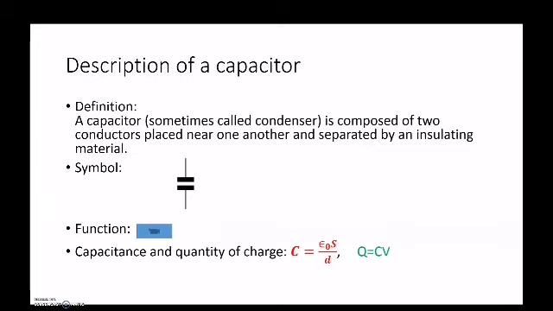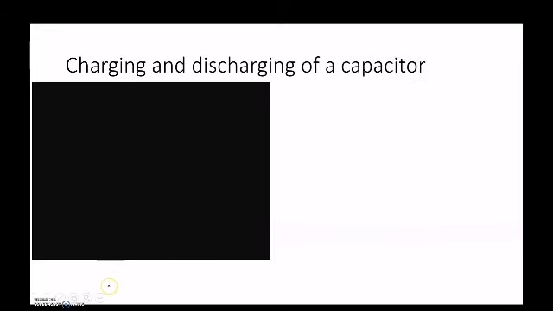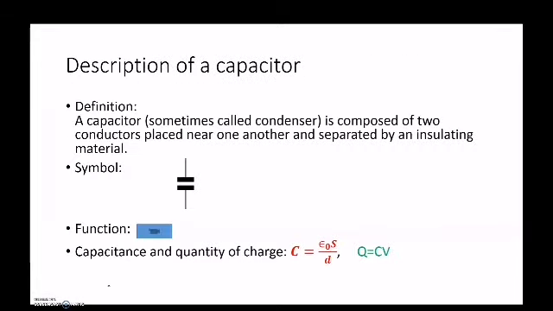A capacitor, or sometimes called condenser, is composed of two conductors placed near one another and separated by an insulating material. That is any two metals.